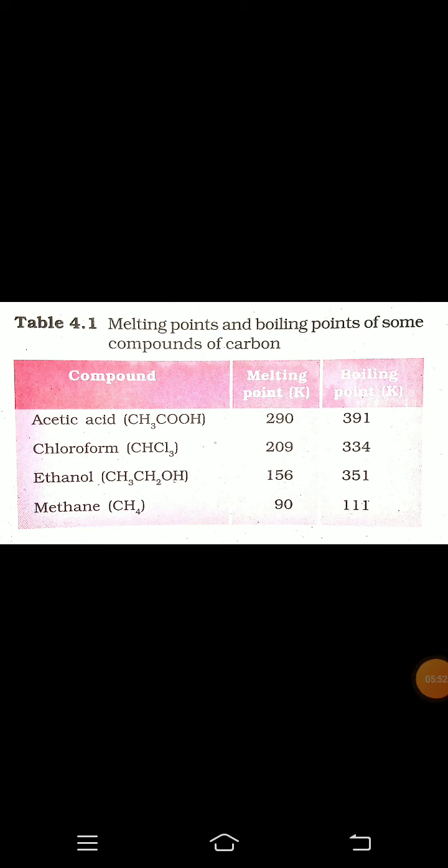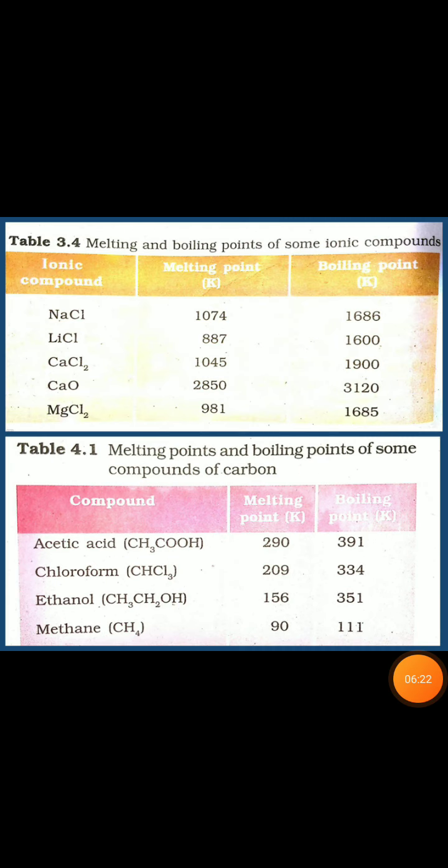In this chapter, table number 4.1 is given, which shows melting points and boiling points of some compounds of carbon. Acetic acid, chloroform, ethanol, methane, they all are carbon compounds because they contain carbon. So here we have information of melting points and boiling points. This is table number 4.1. Now I want you to refer to table 3.4, which is from chapter number 3, which shows melting and boiling points of some ionic compounds.